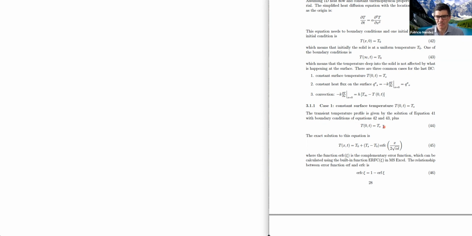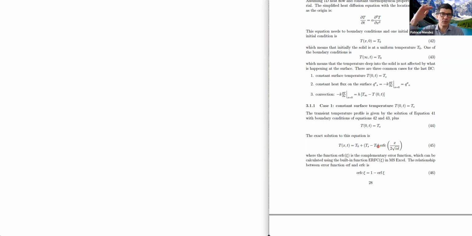If we have a boundary condition of constant surface temperature, the solution to this equation is this one in equation 45. It says temperature that depends on space and time is initial temperature, it always starts like that, plus Ts minus T naught.